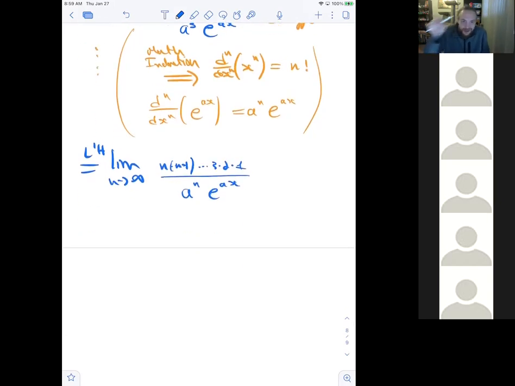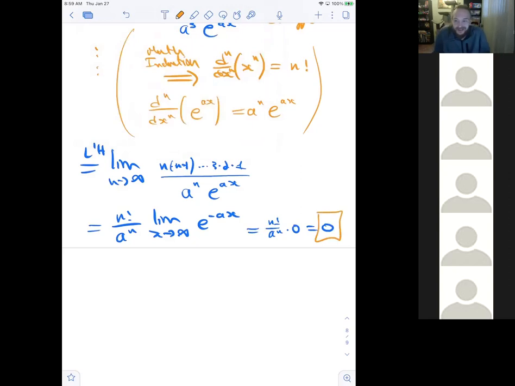When we take the derivative, we get all the exponents down, and when we multiply those together, we call that n factorial. Every time I take the derivative of e to the ax, I get an a by the chain rule. So this is equal to n factorial over a to the n times the limit as x approaches infinity of e to the negative ax, which is n factorial over a to the n times 0, which is 0.